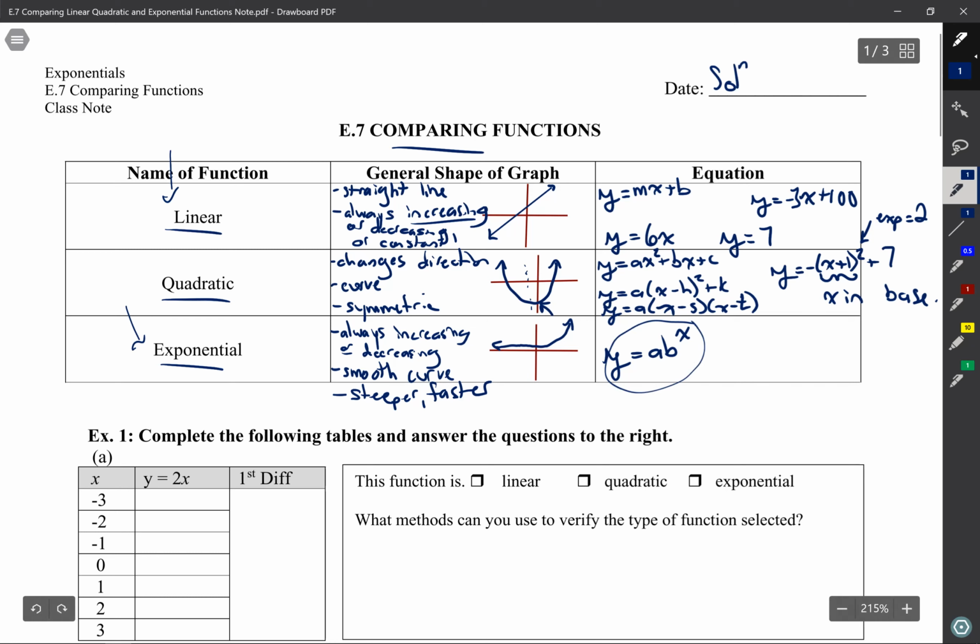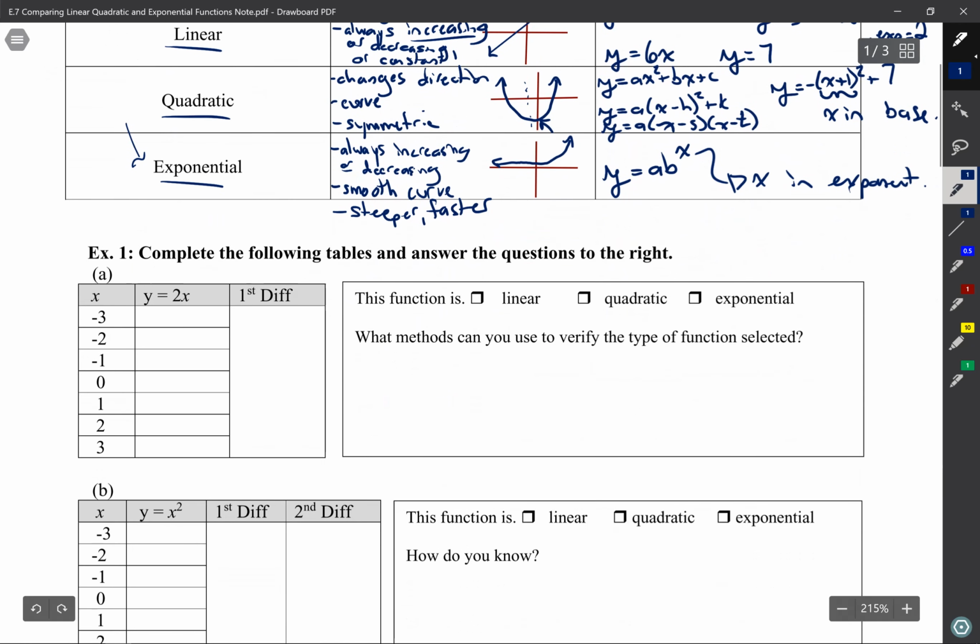We can identify them because our x is in the exponent this time. Our x is not the base. Our x is always written nice and small up there in the exponent. As long as your x is in the exponent, then you're going to have some form of an exponential equation there.